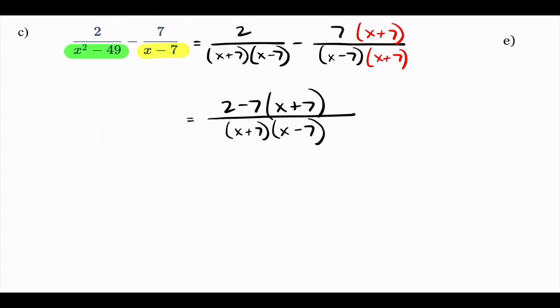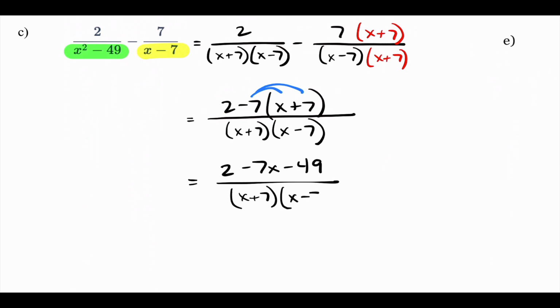Okay? So when I do distributive property, the 2 stays in front, and I get negative 7x minus 49. So the 2 stays in front.